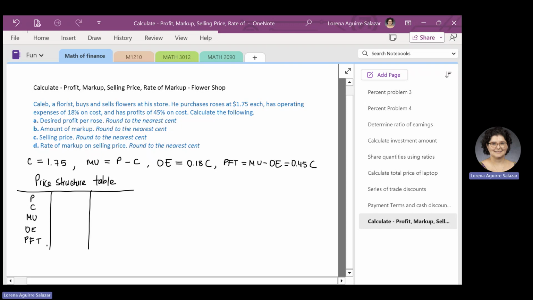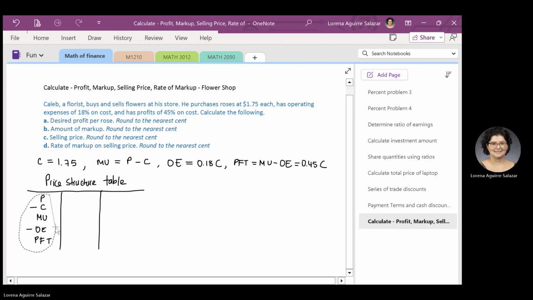Now, when we take P minus C, we get MU. When we take MU minus OE, we get profit. Now, let me leave some space here. Let me transfer this a little bit down. There is enough space for names of columns, labels for columns that we will introduce shortly.